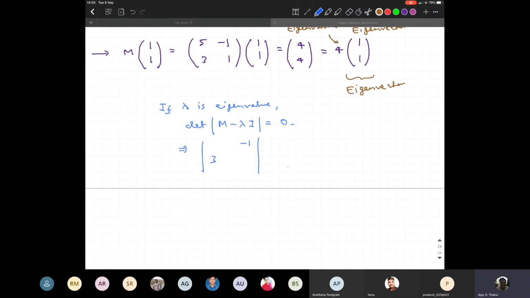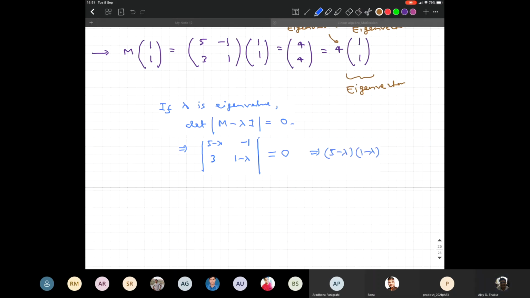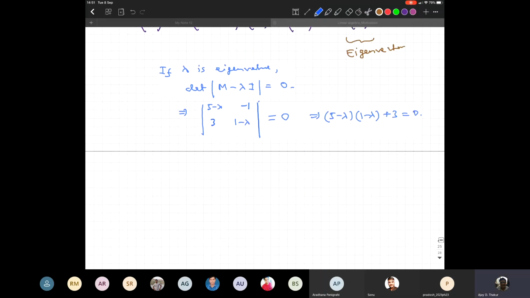So this is like (5 minus lambda)(1 minus lambda) plus 3 equals 0. Right, and that will tell us that (5 minus lambda) into (1 minus lambda) plus 3 equals 0.